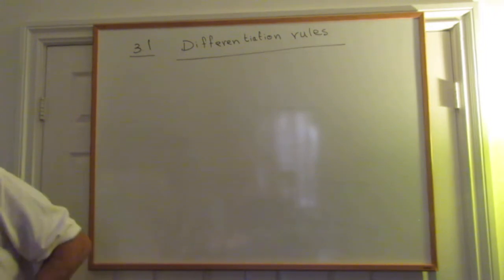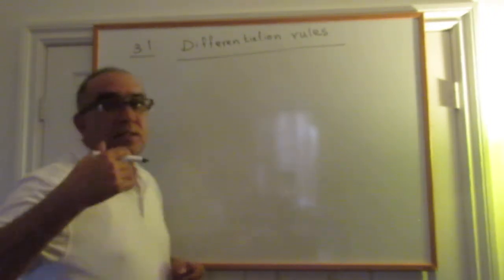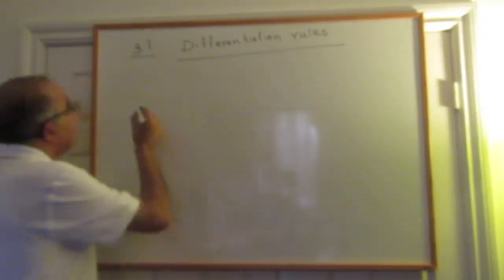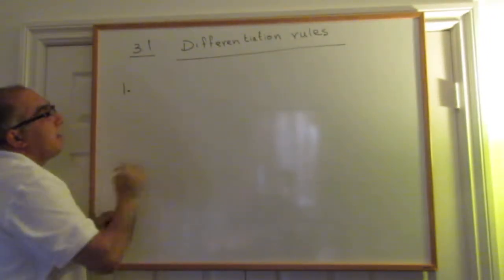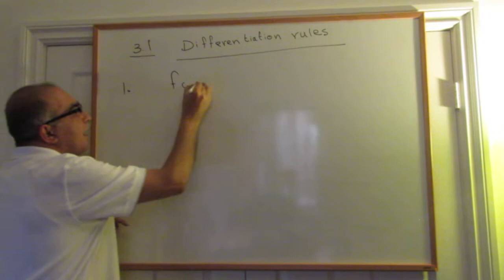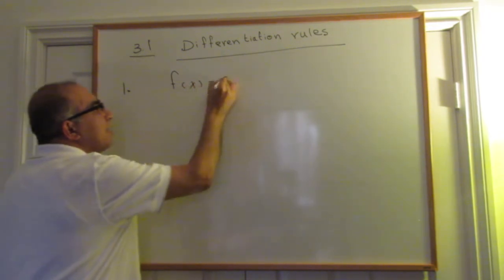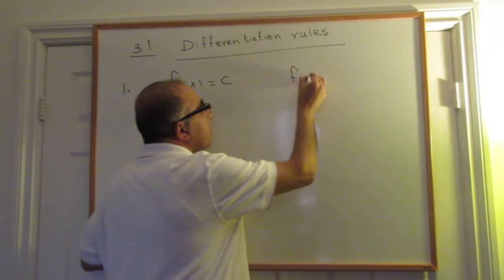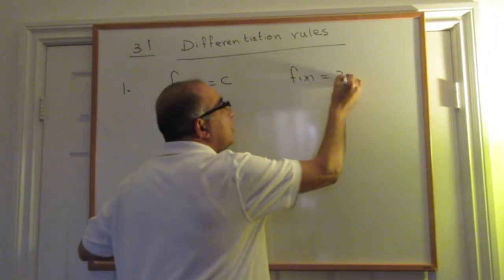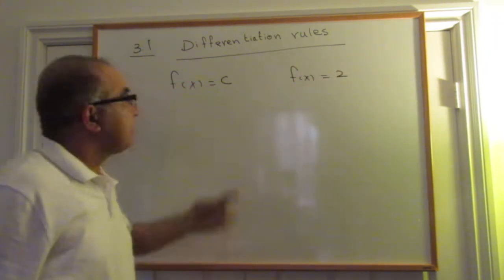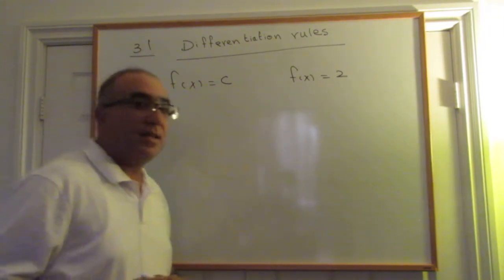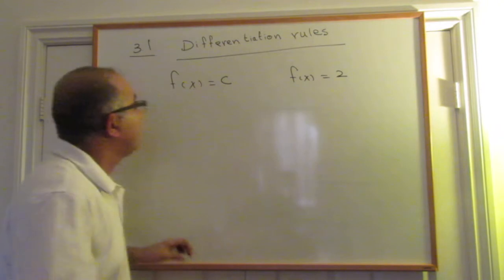The first rule is the derivative of a constant number. Rule number one: if I have f of x equals c, a constant number, for example, f of x equals 2, 2 is a constant, c is a constant, then the derivative of a constant number is always 0.